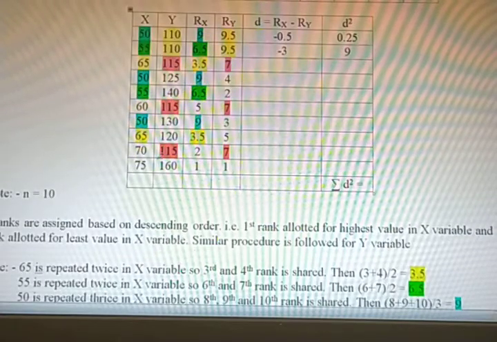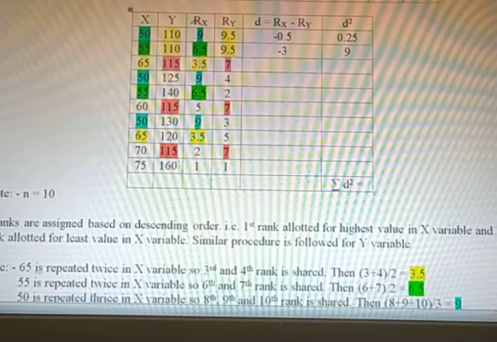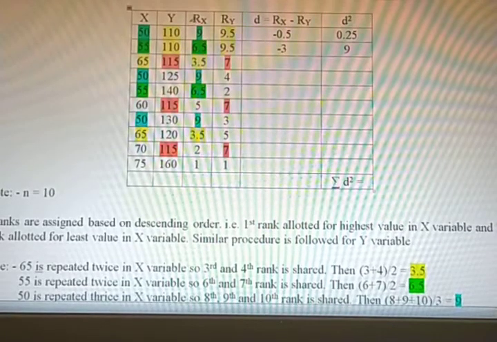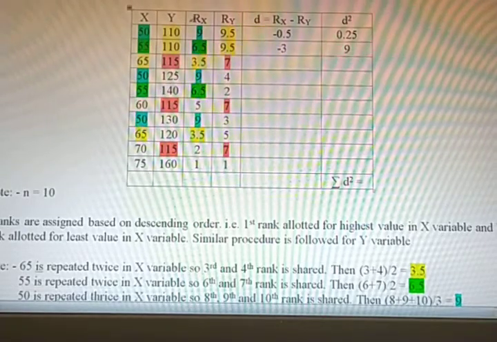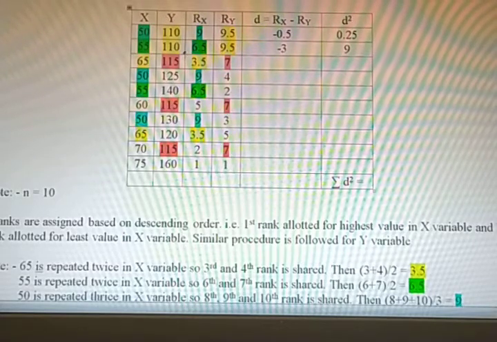As the name suggests, for rank correlation we need to give rankings to the variables. Rx is the ranking given for the x variable, and Ry is the ranking given for the y variable. Let me explain.